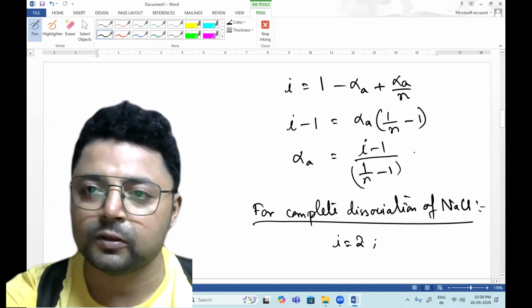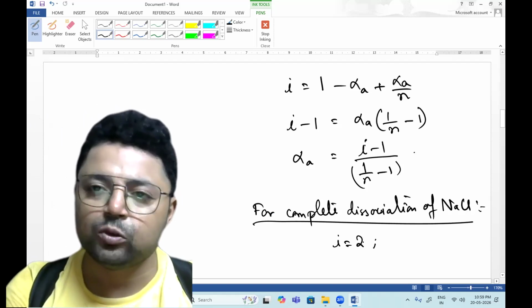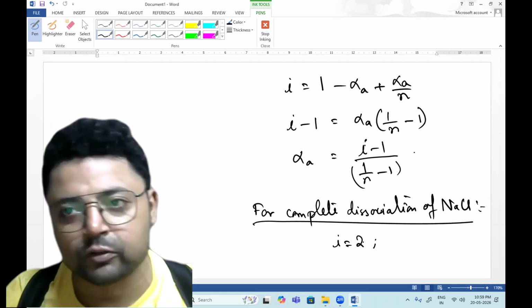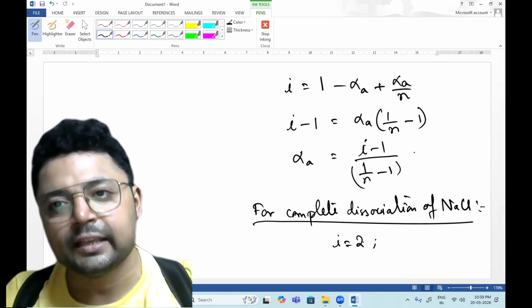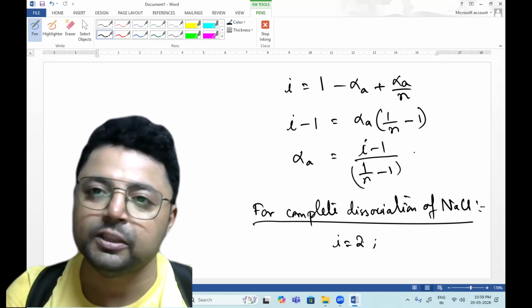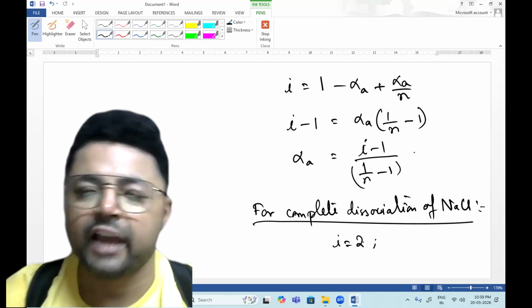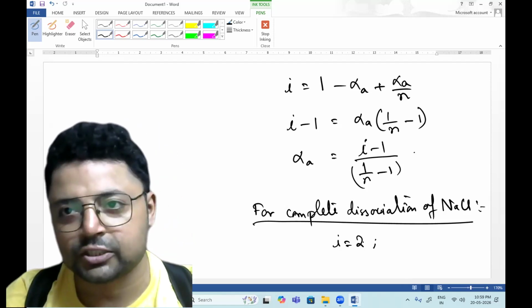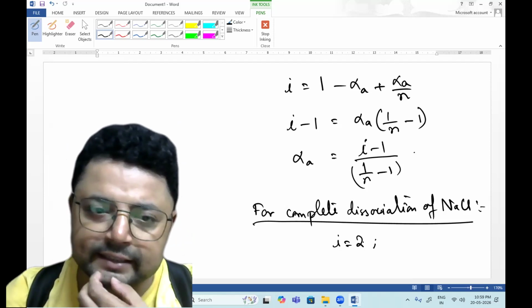For any ionic compound, NaCl, K2SO4, all compounds which undergo complete dissociation in aqueous medium, if I am taking the aqueous solution, they will completely dissociate and I will be equal to the number of ions formed from that dissociation. Okay, I think it is clear.